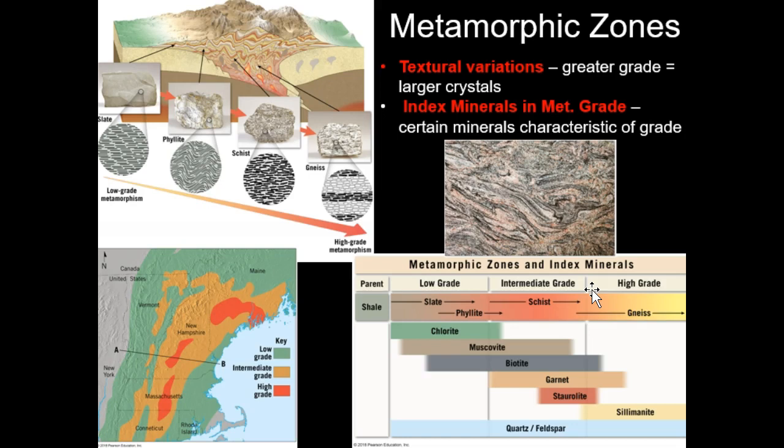Usually, these minerals that you see right here, or for the most part, right here in the middle area, end up recrystallizing into more stable minerals once the conditions surpass their stability comfort zone, if you would. So they are indicative of a very short range of metamorphic grade.